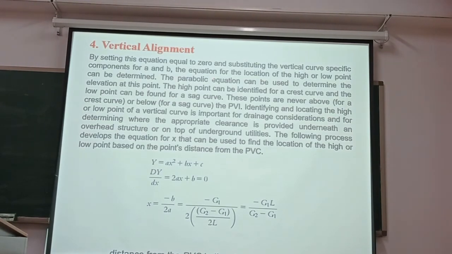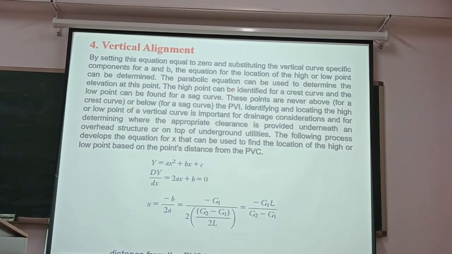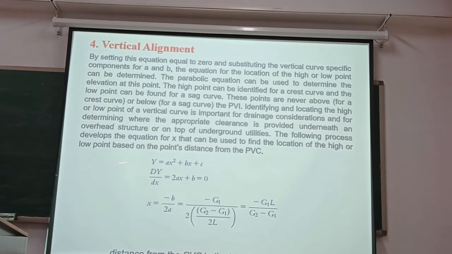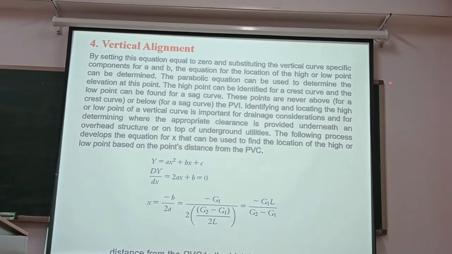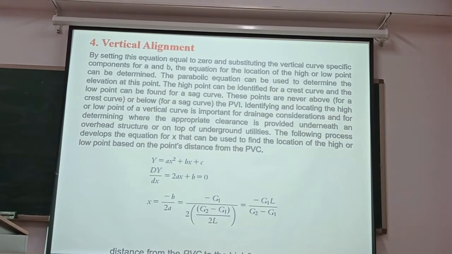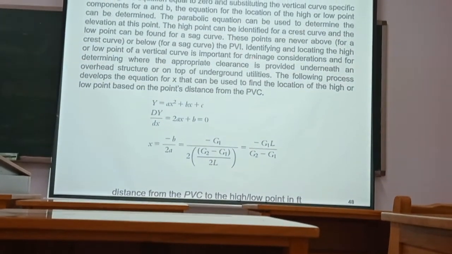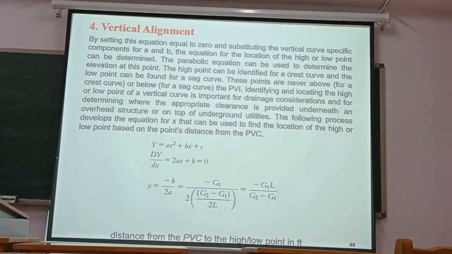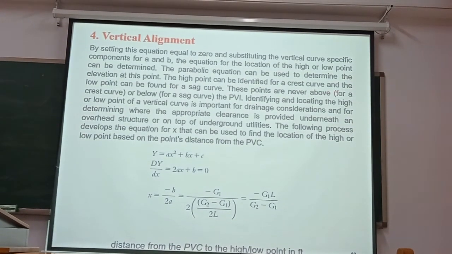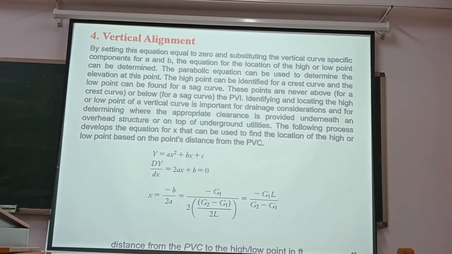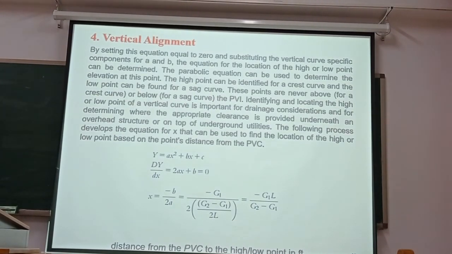The parabolic equation can be used to determine the elevation at this point. The high point can be identified for a crest curve, and the low point can be found for a sag curve. These points are never above, for a crest curve, or below, for a sag curve, the PVI.